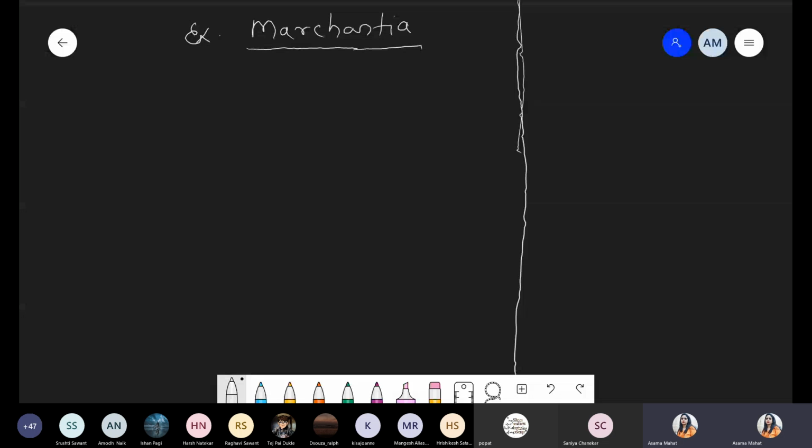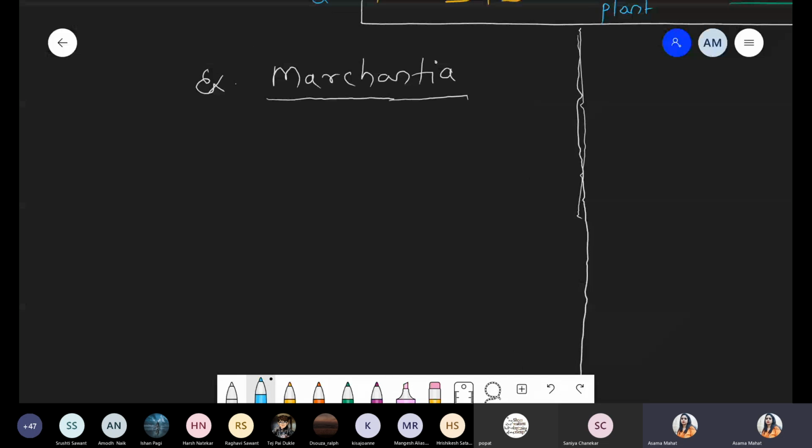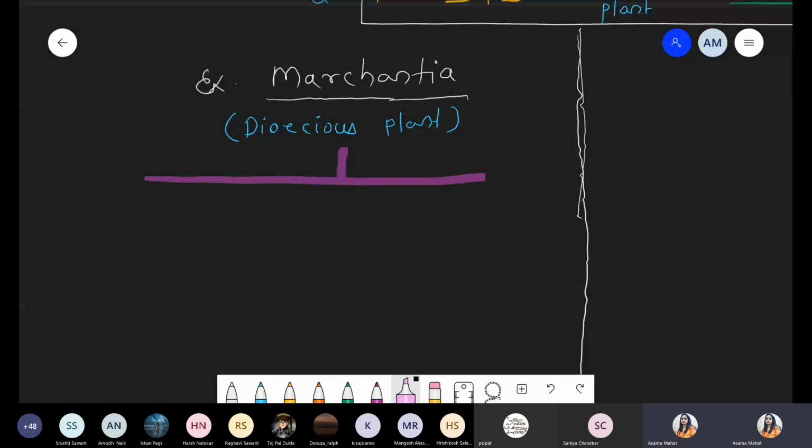So in case of Marchantia, simply we are talking about an example of a dioecious plant. And you know very well, dioecious plant means what? The plant that has sex organs on two different plants. Dioecious.